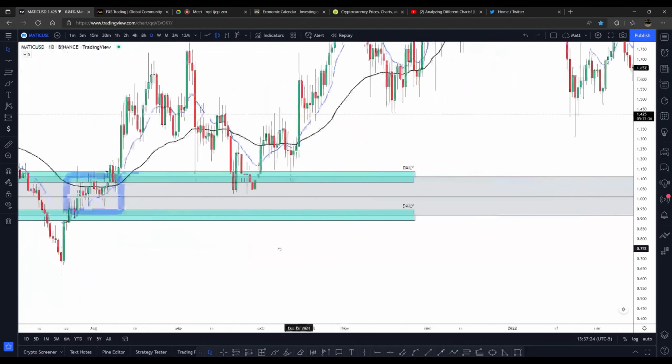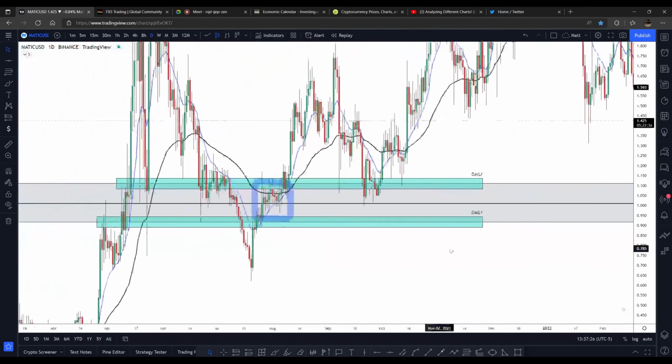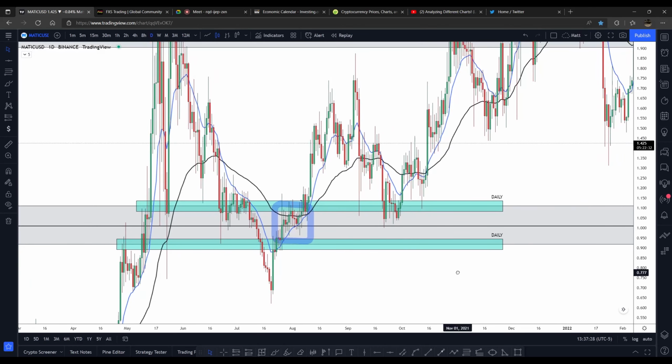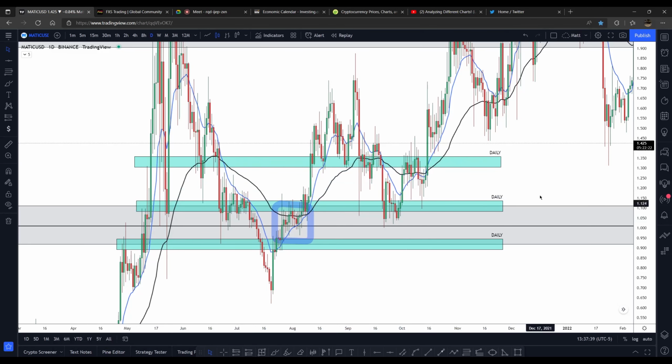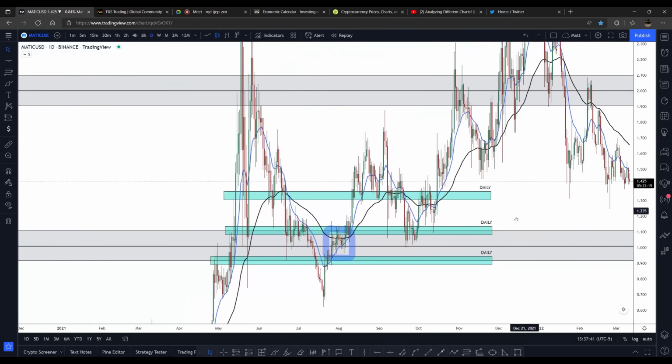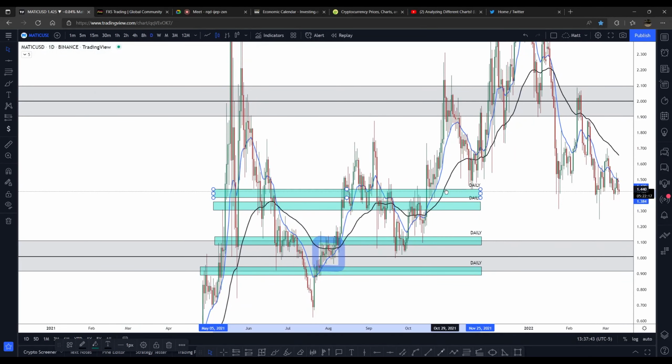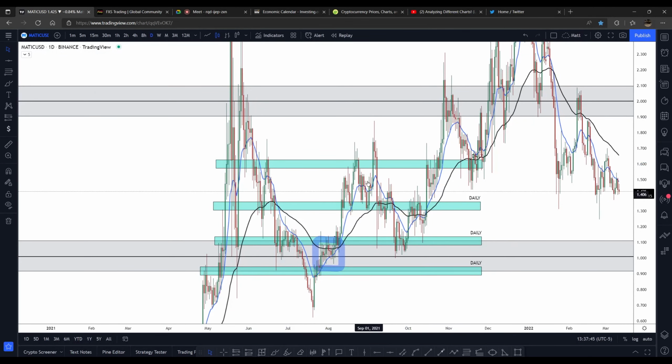And for me, because I want to keep my charts a bit cleaner, I eliminate my daily zones that are around my weekly zones, and I simply keep the ones that are not around my weekly zone. So if I continue extending this further, what you guys will notice is I try to keep a similar distance between them.